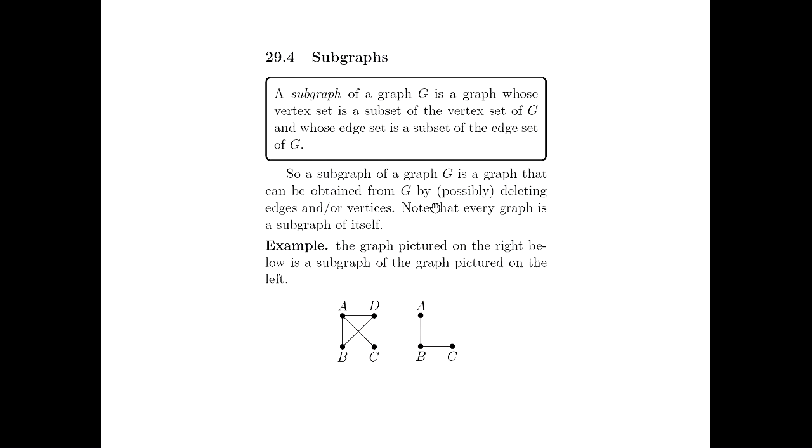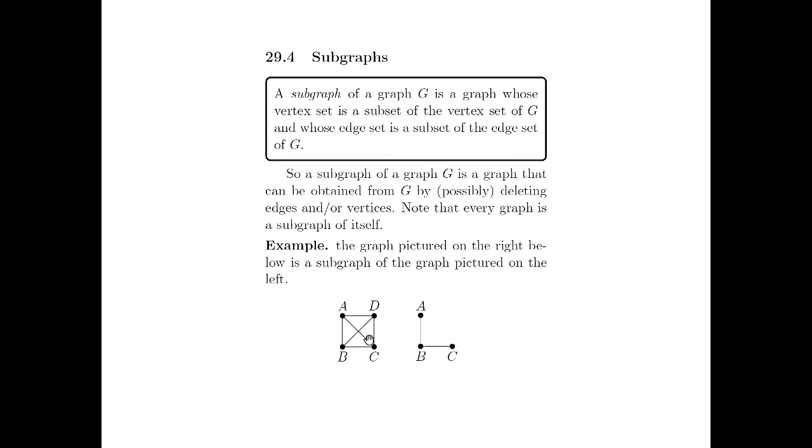The informal way of saying it is that you're a subgraph of a graph if I can go from that graph to you by, if I want to, deleting some vertices and some edges. So here, this graph is a subgraph of this graph because I can get from here to here by deleting D and this edge and this edge and this edge and this edge.